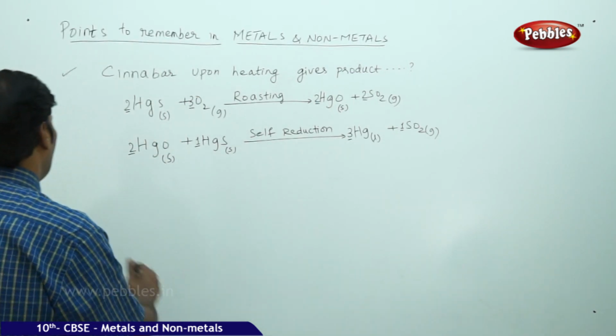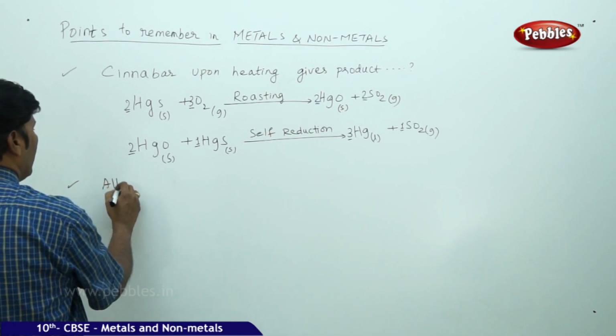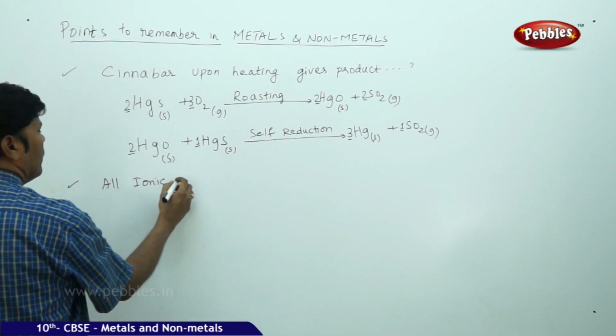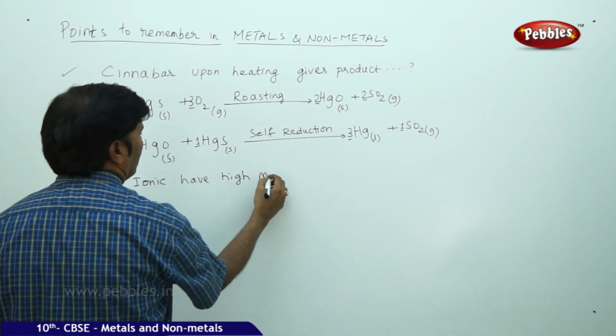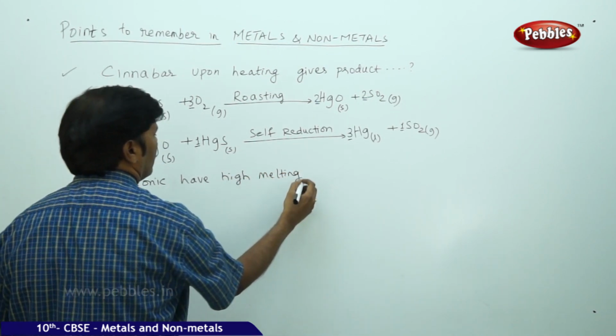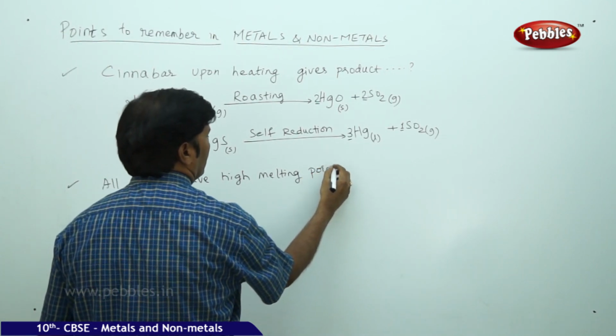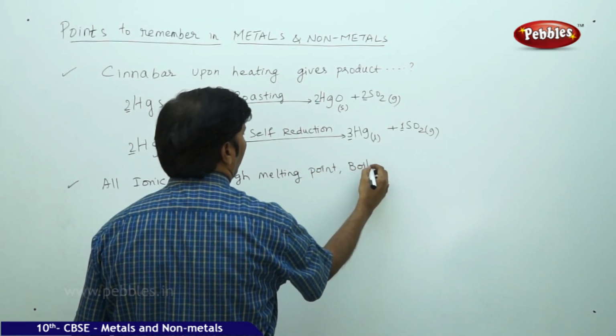So the next point to be remembered here is that all ionic compounds have high melting point and boiling point.